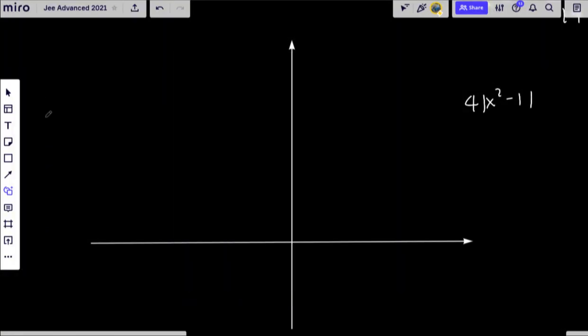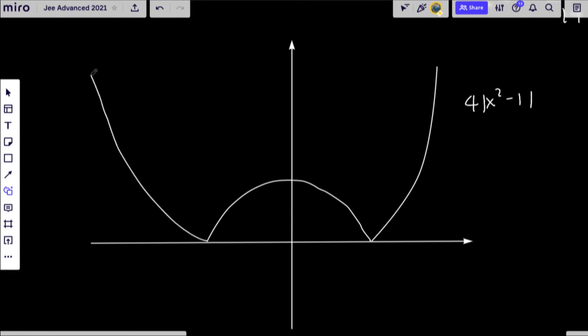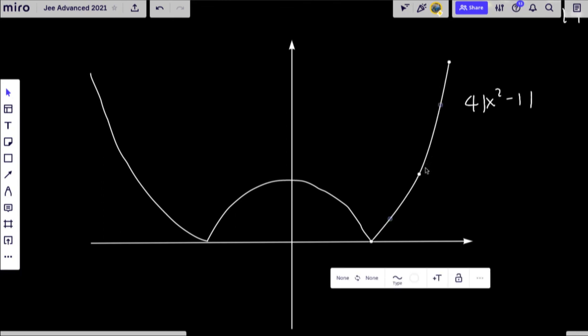We draw like this, 4 times x square minus 1. Okay, and we will draw the graph like this way. This is the part of 4x square minus 1. Okay, so the graph is like this way here.